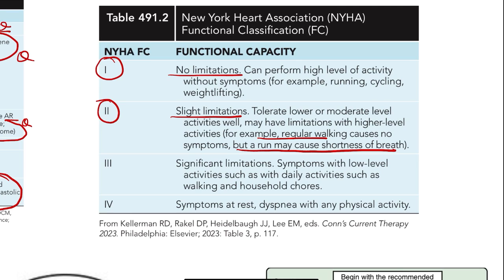If they climb stairs, then breathlessness and symptoms will increase. Okay. Third, significant limitation, even with low level activities like walking and household chores, they will produce symptoms. Four, symptoms at rest, dyspnea on any physical activity.